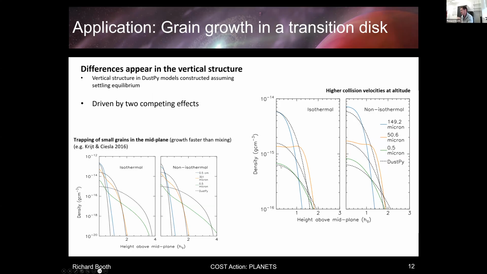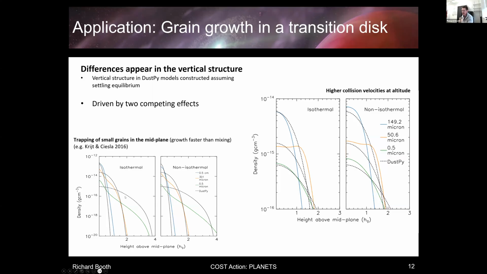And so you can see that while some of the dust grains follow the DustPy solution quite well, you can get large differences at certain sizes. In some cases, we see that the cuDisc solution has more dust at higher altitudes than in DustPy, and in other cases there's less.